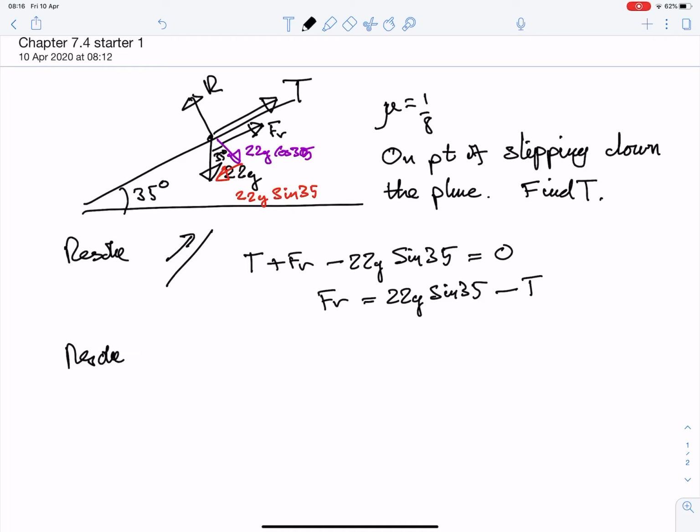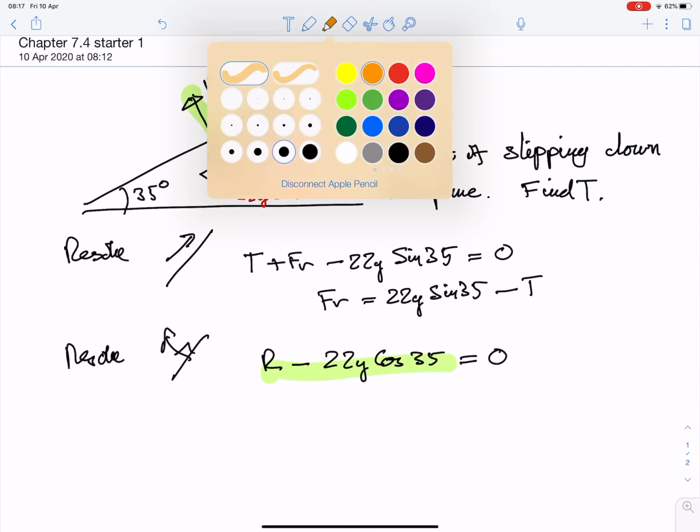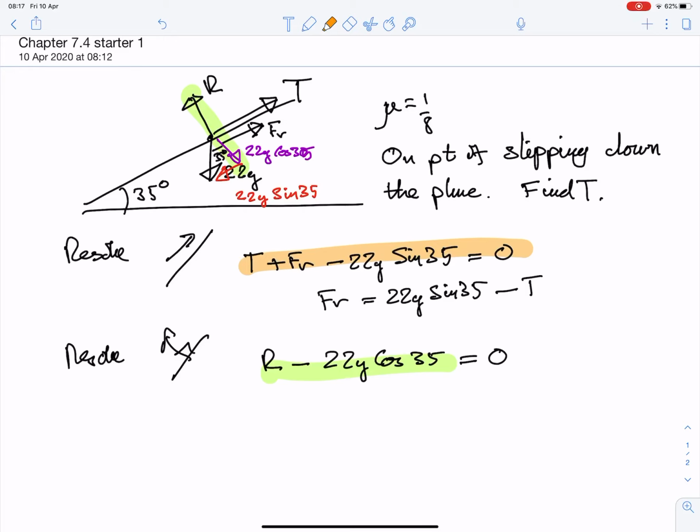Resolve perpendicular to the plane, R minus 22g cos of 35 is equal to 0. So they're the perpendicular ones, and this is coming from the ones parallel to the plane.